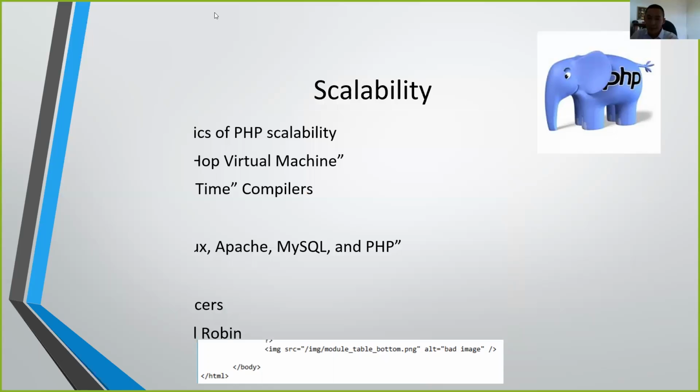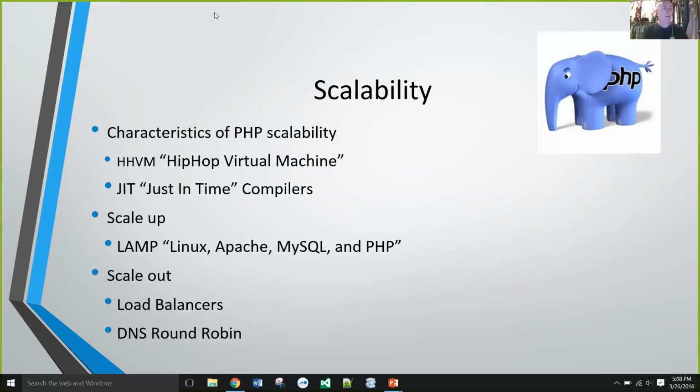Next, please. So scalability: when you use HipHop virtual machines, these machines use a just-in-time compiler that serves as an execution engine when using PHP. Web servers for PHP are usually Apache, and Apache is scalable, thus making PHP fairly scalable as well.